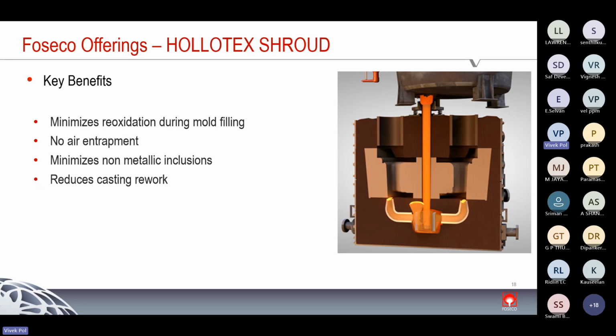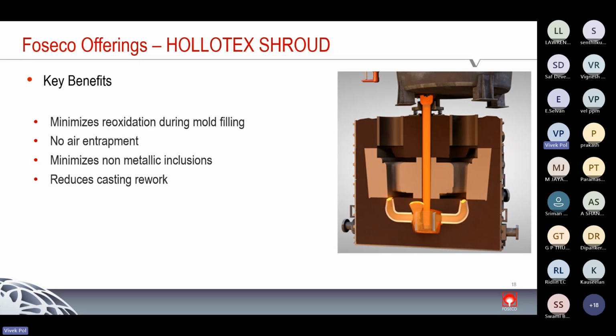However, when it comes to rotoclean, at the moment we need a ladle size of minimum 4 metric ton, and below 4 metric ton we have not tried the rotoclean process because as we go on the lower side of metal volume, there are chances of temperature drop, which is not acceptable. That's why for rotoclean we need a ladle size of minimum 4 metric ton.